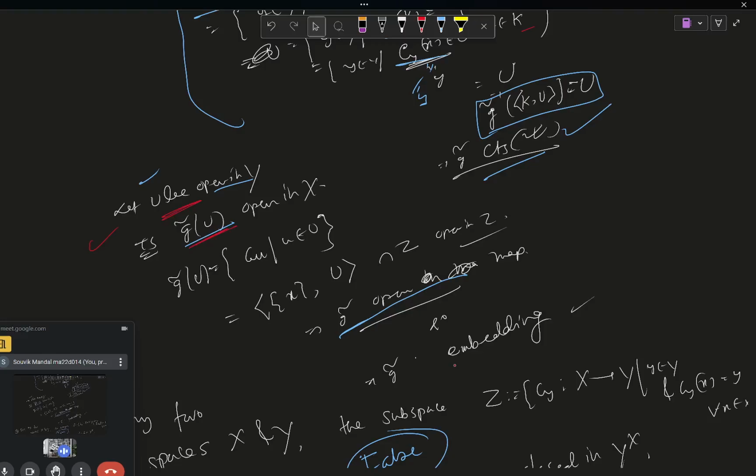So G tilde of U is equal to [x, U] intersected with Z, open in Z. This implies G tilde is open.